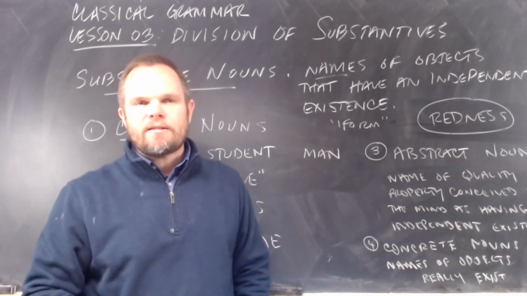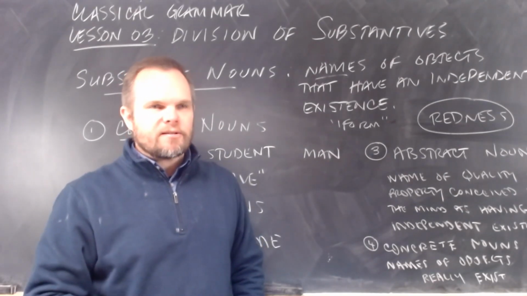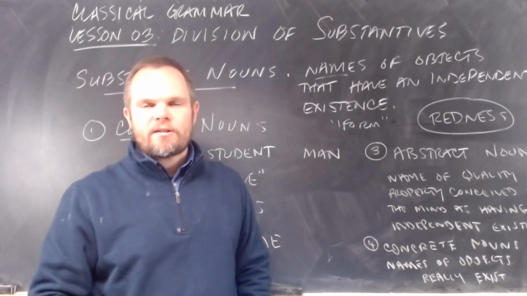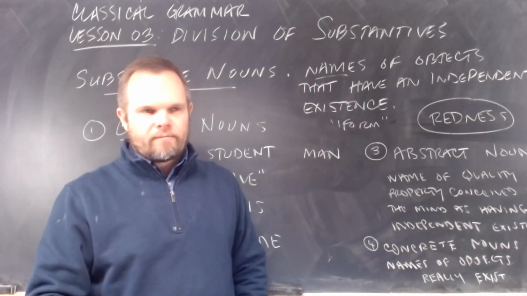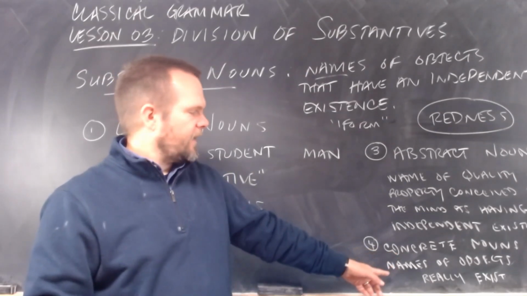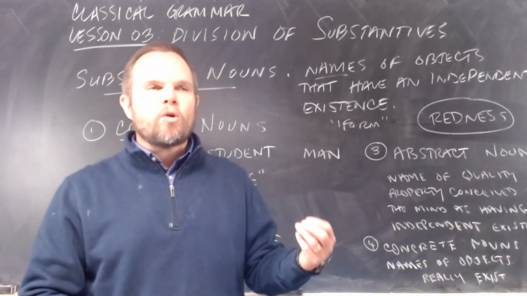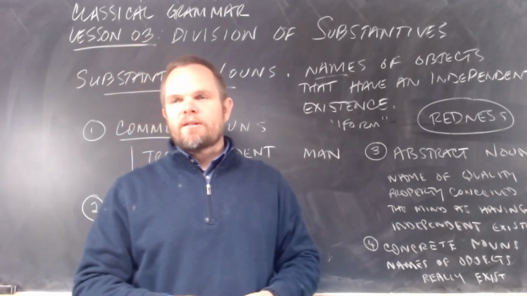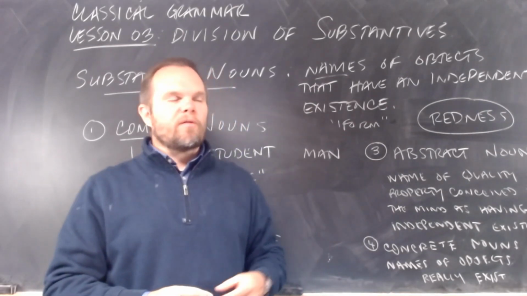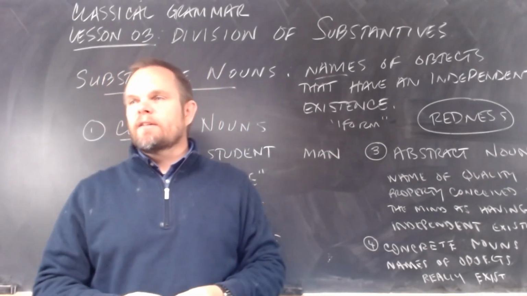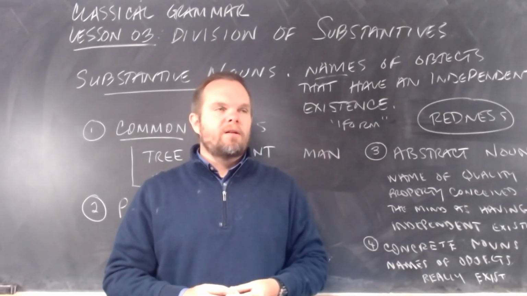Redness really does exist. Squareness really does exist. Tallness really does exist. So I want you to see that. That idea that concrete things really exist, but abstract things don't really exist, Plato would disagree with that. He would say, no. The idea or the form of tallness really does exist. That's why we talk about it.